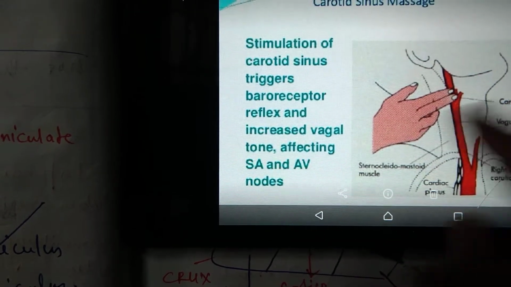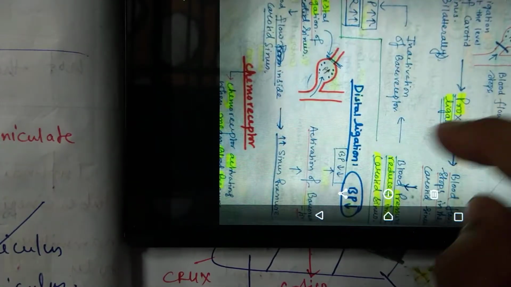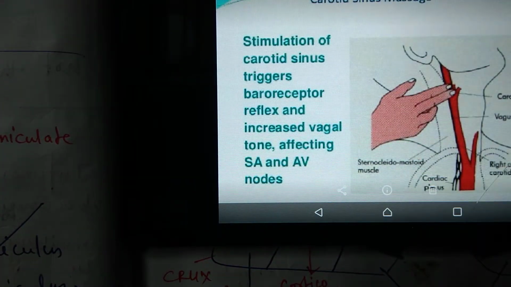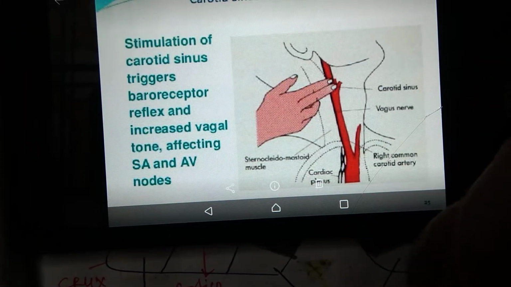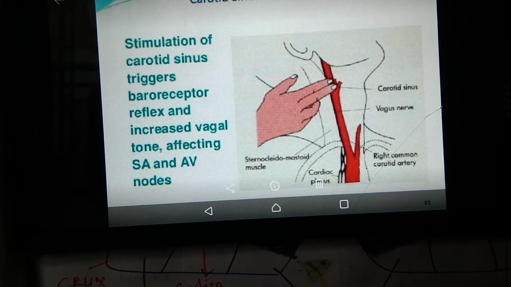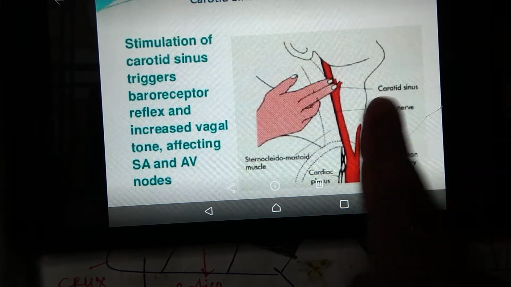nodes. Okay, fine. By giving a gentle massage to the carotid sinus, you are increasing the pressure inside the carotid sinus. Then what happens?